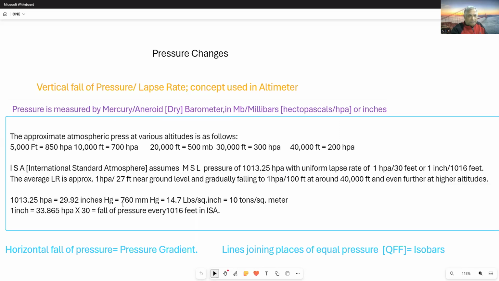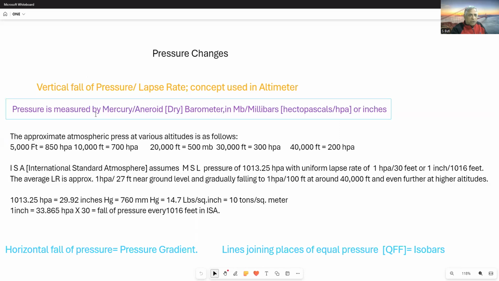Anyway, a summary. The pressure is measured by a mercury or a dry aneroid barometer. It could be in millibars, now called hectopascals, or in inches of mercury.